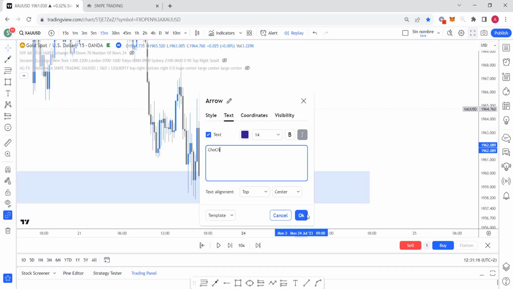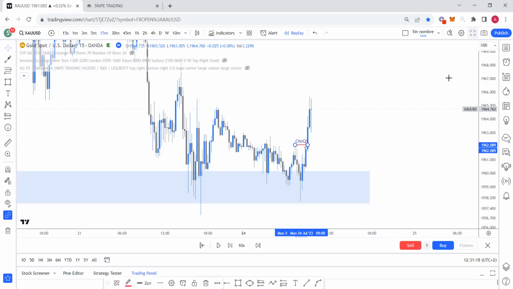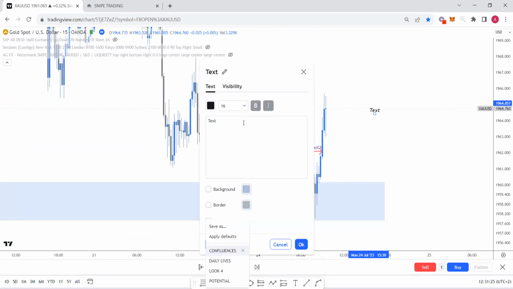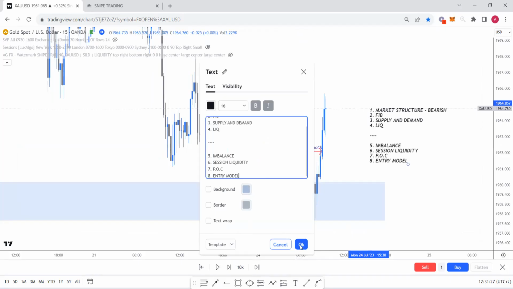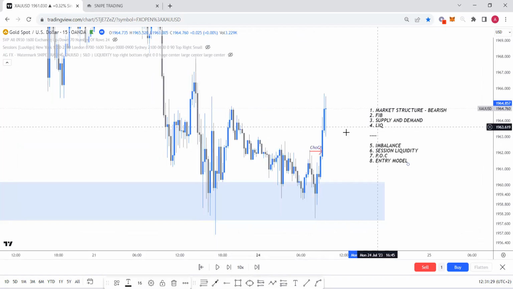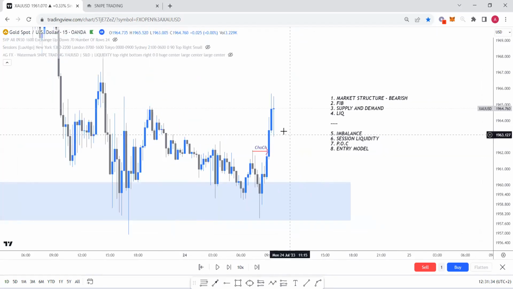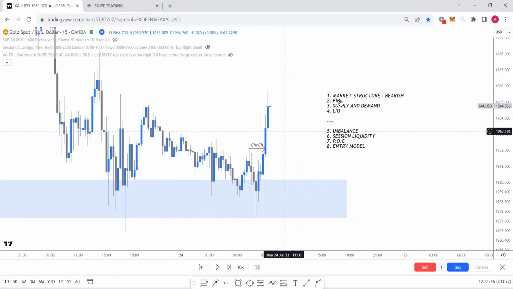Well, now we just lay out the confluences. Okay, so market structure, price creates this change of character within that zone. This is how I personally trade all zones.